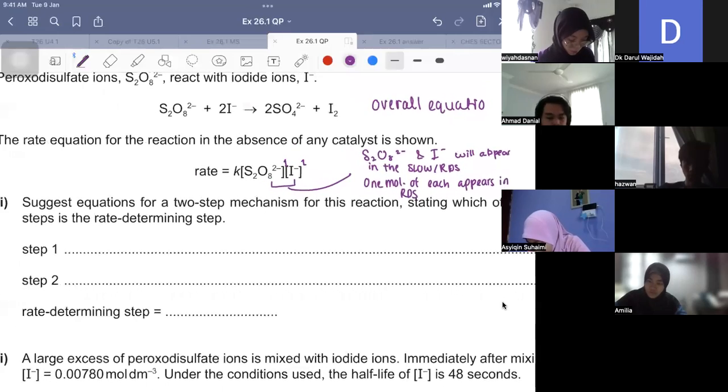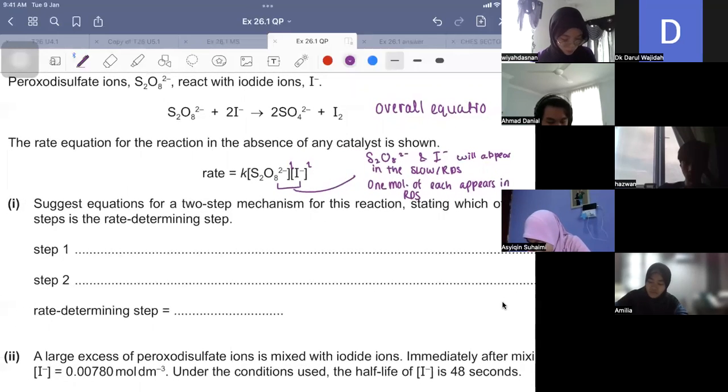So when suggesting or predicting the mechanisms, you need to use both the rate equation and the overall equation. I like to make my first step the slow step, so I will just prepare this first.